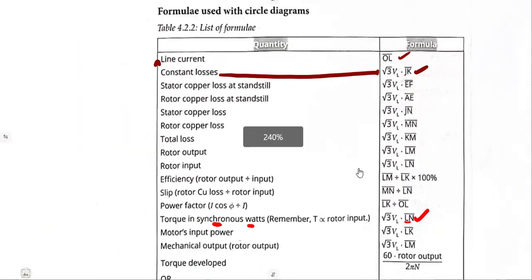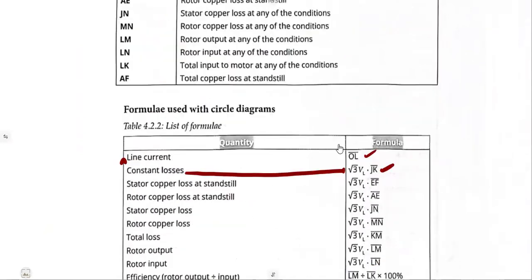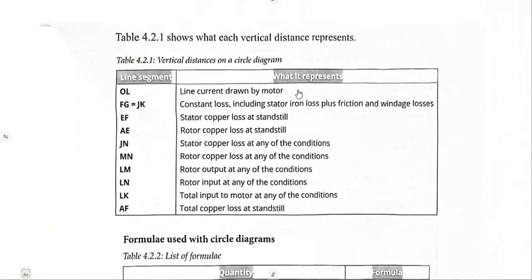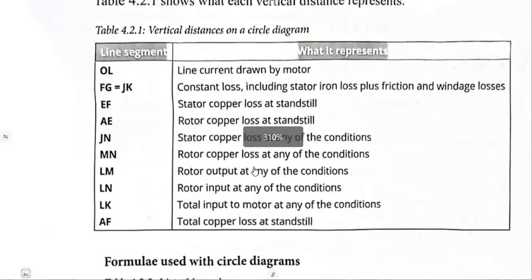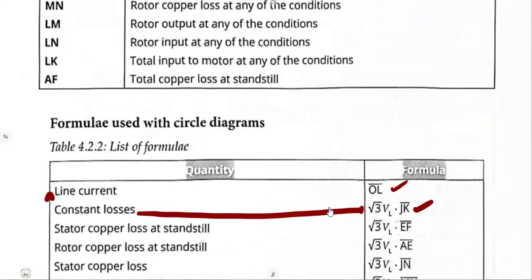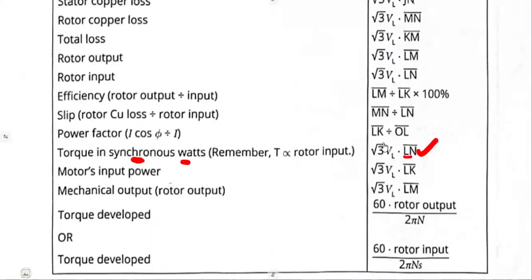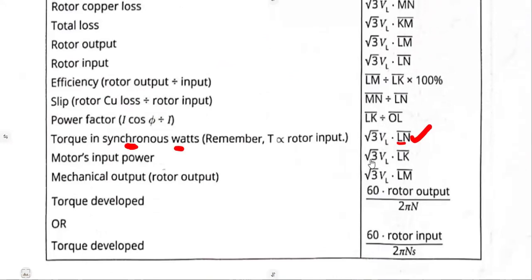These are the formulas that I'm going to be using, and their interpretation, what each line segment represents, is also given here for those who will be needing to go through. You must know what the line segment represents, and you must know the corresponding formula for each and every part that we are having.